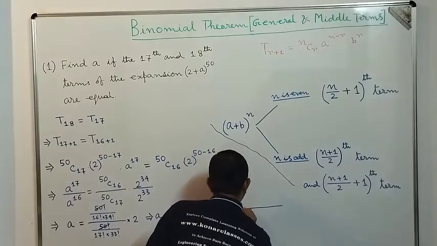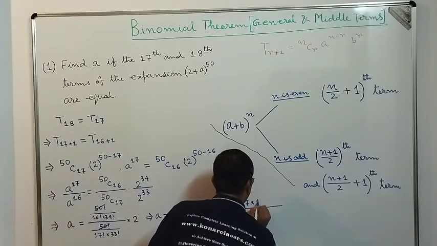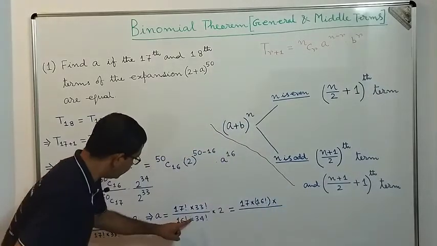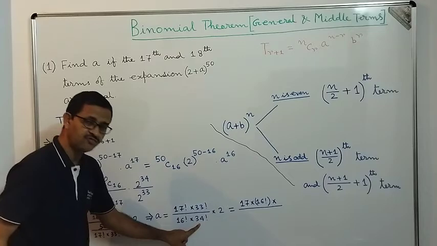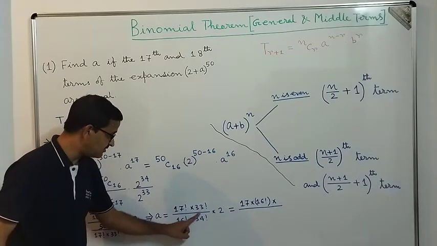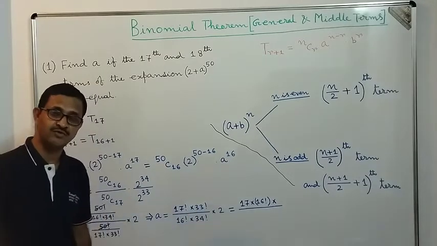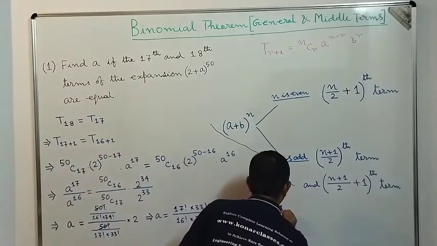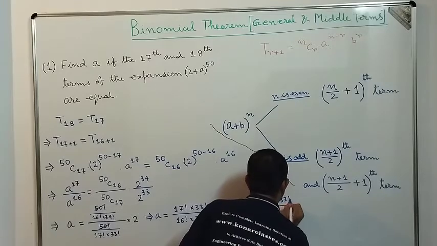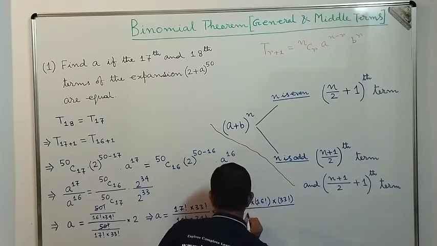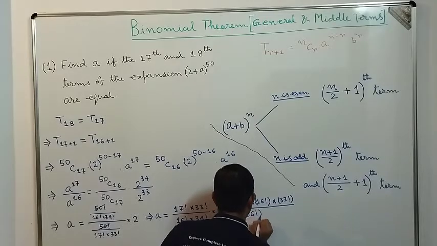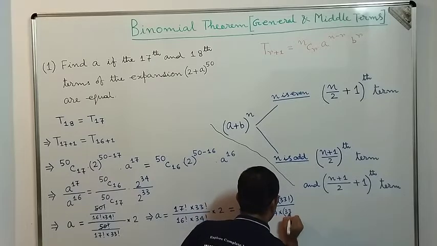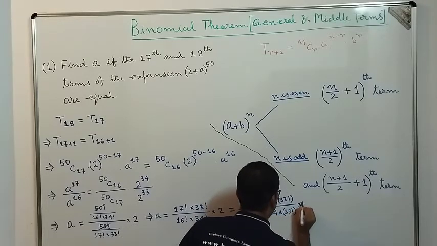Between 33 factorial and 34 factorial, as 34 is greater than 33, we should expand 34 factorial to get 34 into 33 factorial. So in the numerator as it is we write 33 factorial, and here I write 16 factorial into 34 into 33 factorial and into 2 as it is.